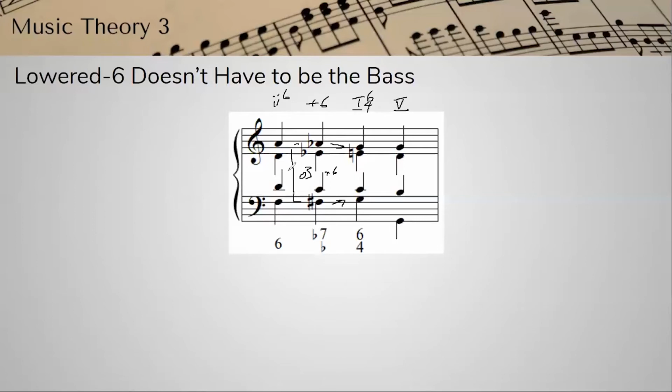So let's look at this full analysis. You can see it's 2/6, and then that was a German augmented sixth in the second chord, going to a 1/6/4, just like a German augmented sixth should, and then ending on a 5.